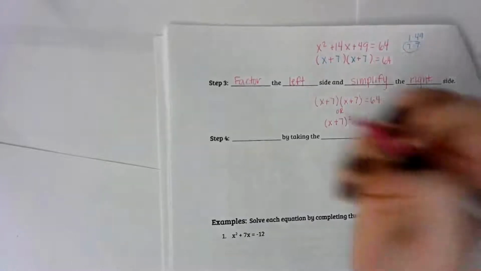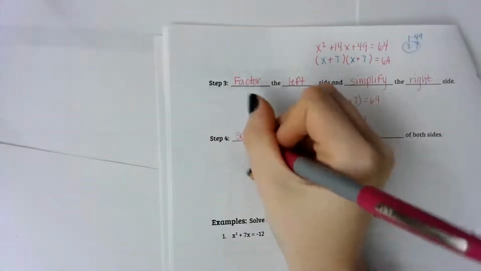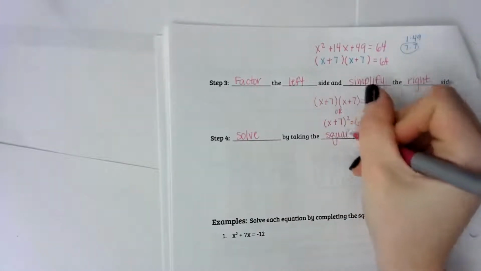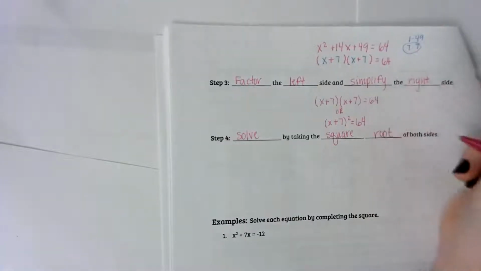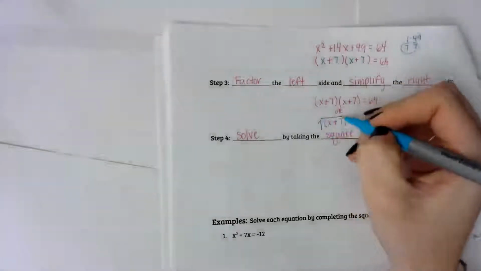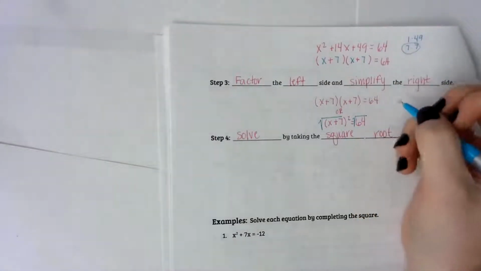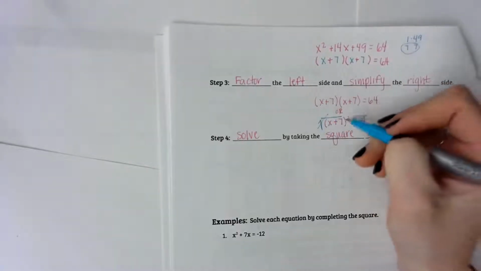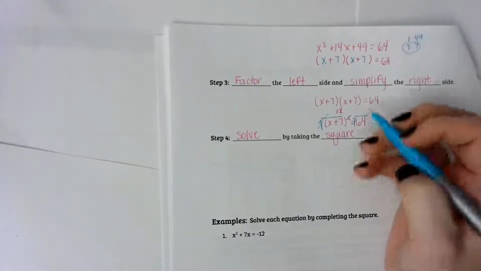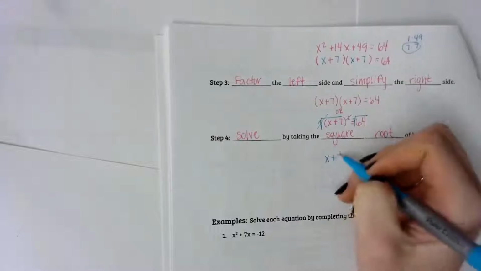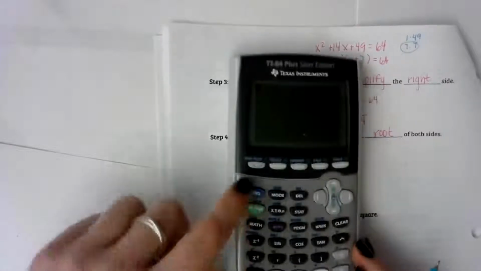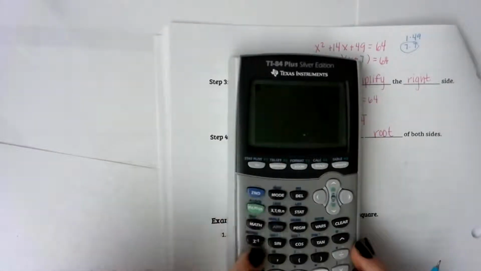So then step 4 is you are going to solve by taking the square root of both sides. So when I square root, the square root and the squared cancel each other out. So you just have an x plus 7 equals, so the square root button on your calculator is if you hit second and then this x squared key.